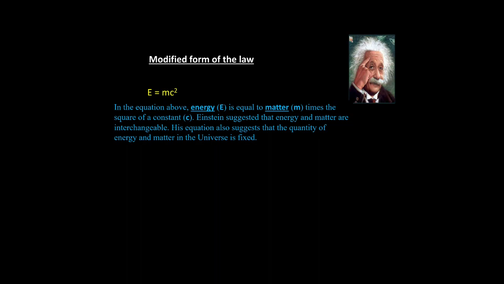In the above equation, energy E is equal to the matter m times the square of the constant c. Einstein suggested that energy and matter are interchangeable. His equation also suggests that the quantity of energy and matter in the universe is fixed.